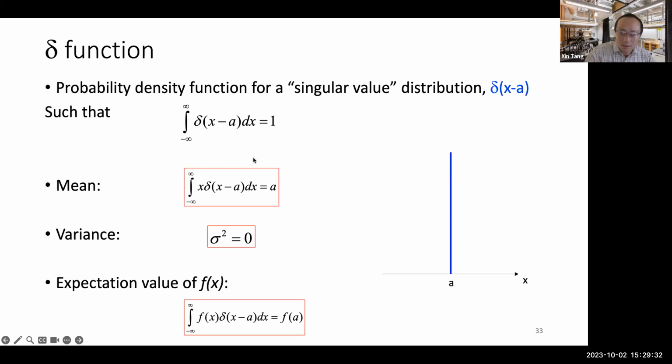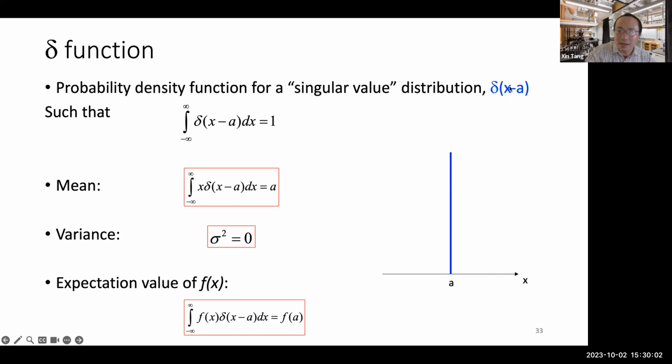Now, as we said, the f function can be any function. There is one very special function called the delta function. The delta function means the probability distribution is not spread out. It only has one value at one point, so the probability density function is actually a singular value.